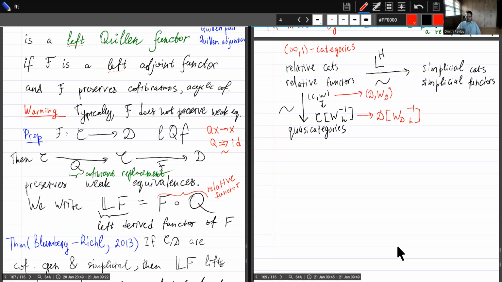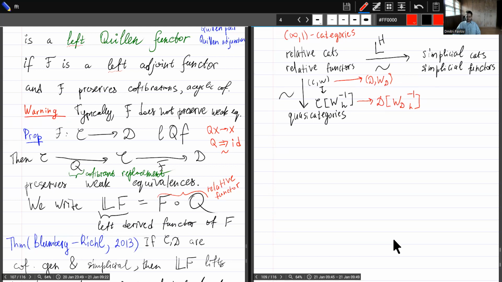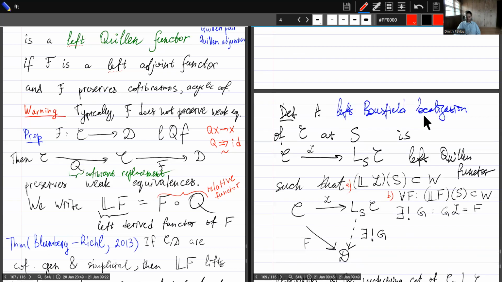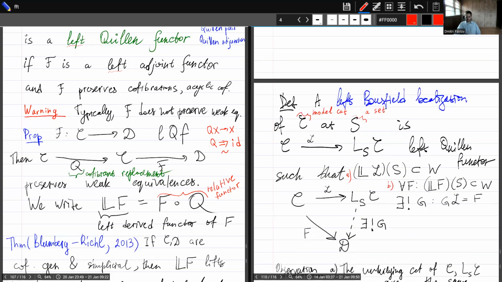So now that we know what a left equivalent functor is and what a derived functor is, we can finally formulate a universal property of left Bousfield localizations. So let's say I have some C, a left model category, and S, a set of morphisms in C. The localization of C at S is given by some model category denoted L_S C, and a left equivalent functor L, the localization functor.